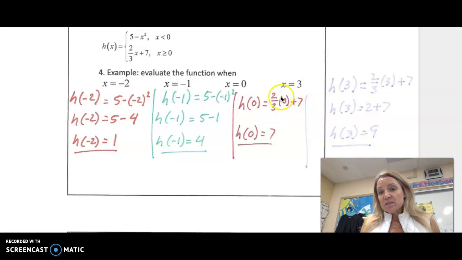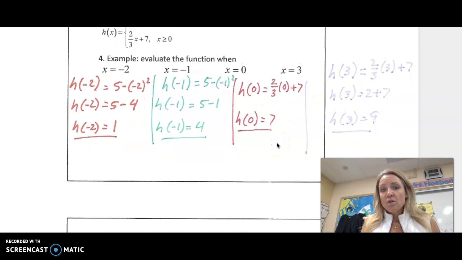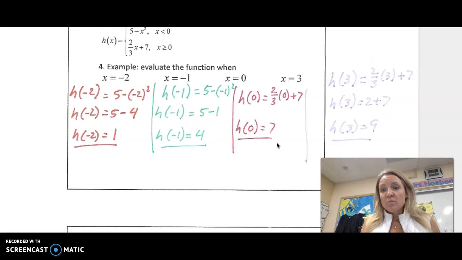Order of operations says to multiply first, which gets us 0 plus 7, which is 7. For the last one, they want us to plug in 3. 3 is greater than 0, so we're going to use the second piecewise function. We're going to have 2/3 times 3 plus 7. The 3's cancel, and we're left with 2 plus 7, which is 9.